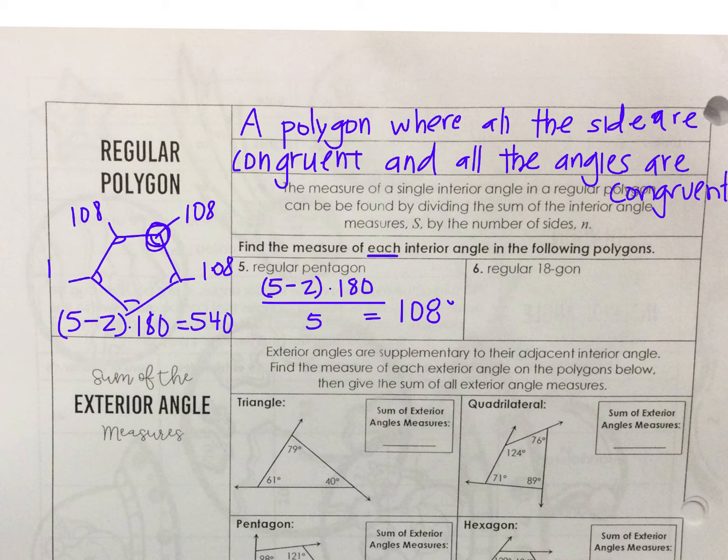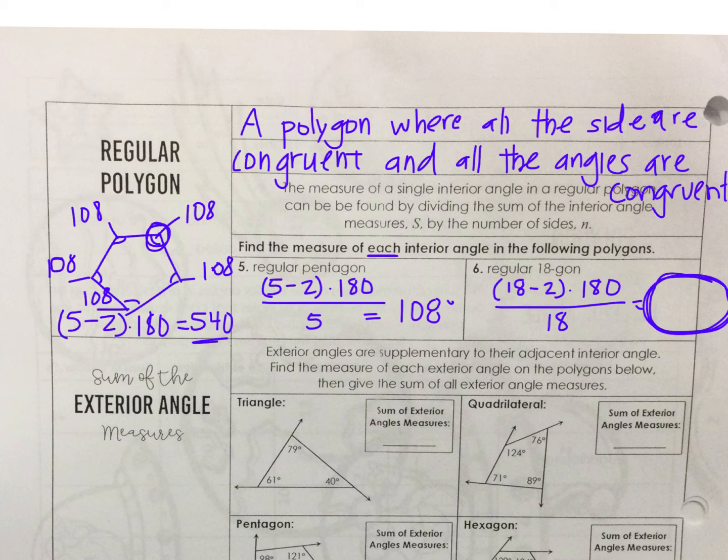So if I add up 108 plus 108 plus 108 plus 108 plus 108, 5 times, I'm going to get that 540. So if I have an 18-gon, I'm going to say 18 minus 2 times 180. And then I've got to divide it by the number of sides or angles. So I need to divide it by 18. When you type that in, let me know what you get right here.